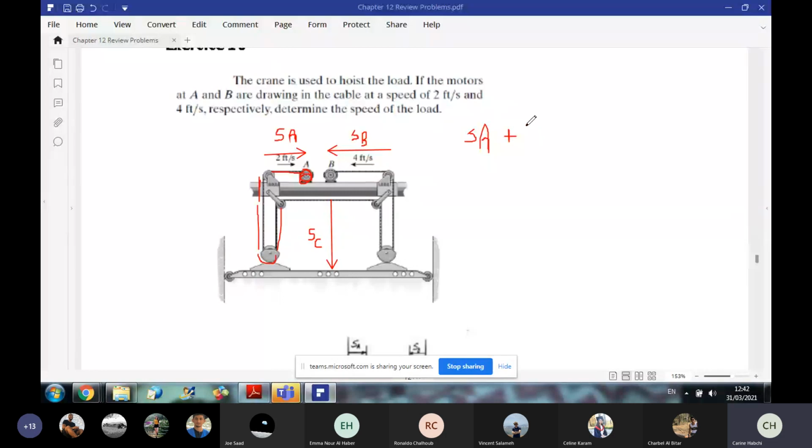And another integration will be needed to get delta S. Now, since I have boundary conditions, because I know that the system is starting from rest, V will be equal to 0.1 t squared, so delta S is 0.1 t cube over 3.